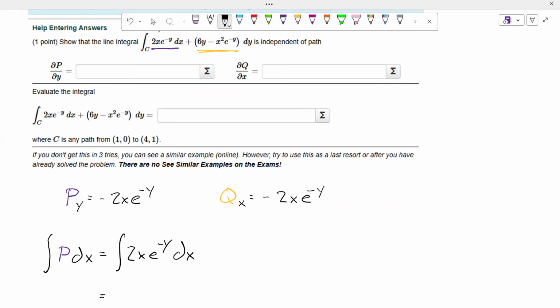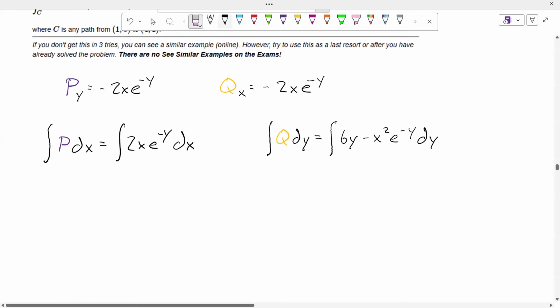Do that in just a second, because I also need to look at the integral of q dy. And see what that was. This looks like, again, not q x. I want the original q, which was 6y minus x squared e to the negative y dy. All right, and now I'll have space to integrate these things.